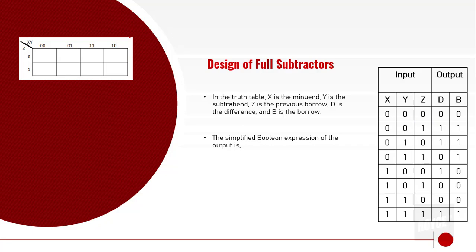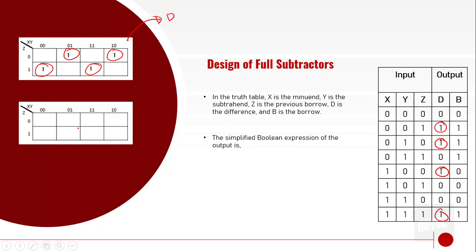So, for D, nasan yung ating mga minterms? Ito siya. 2, 3, 4. So, yung una, 0, 0, 1, nandito. The next, 0, 1, 0, nandito. And the next is 1, 0, 0. Ayan siya. The next is 1, 1, 1. Ito siya. So, parang katulad siya kanina sa ating adder. 2, 3, 4. Okay?